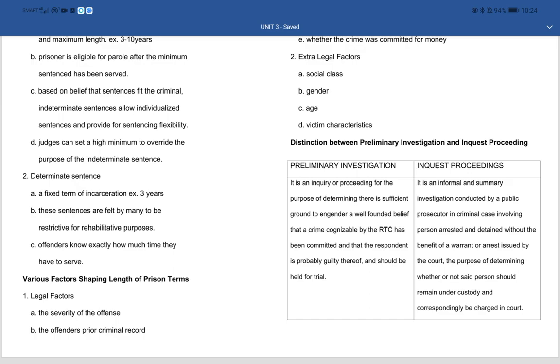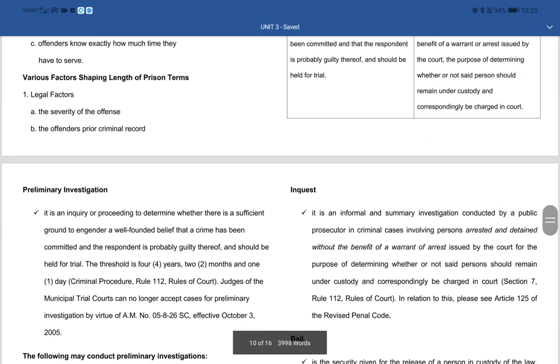With preliminary investigation, of course, there is already a case and a warrant, so the person was arrested, and a preliminary investigation is conducted to see if there is really sufficient evidence. While in inquest proceedings, there is no warrant of arrest, so they must inquest the person within the given period of time to determine whether to keep him in police custody. Then right after that, he will be charged, or a case will be filed against that person. That is preliminary investigation and inquest proceedings.